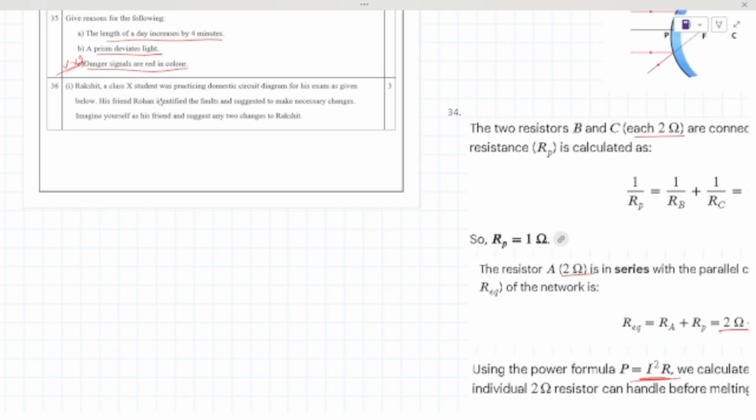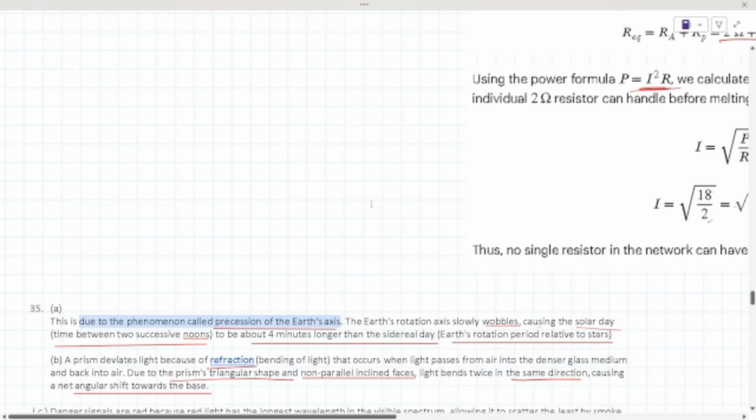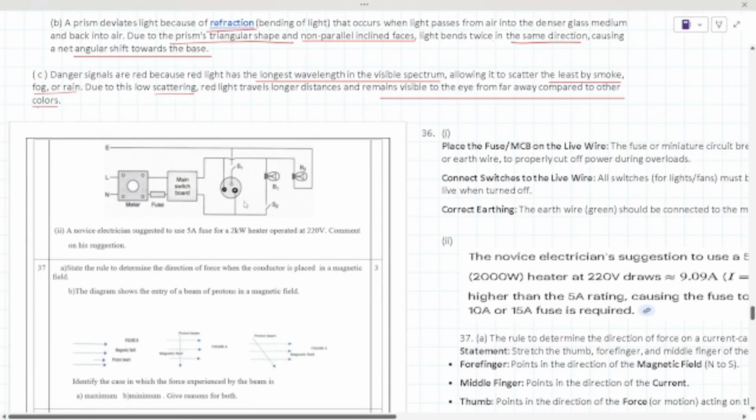After that, 36th number question. One number for it. Rakshit, a class was practicing a domestic circuit diagram. Find the faults. The diagram is given.